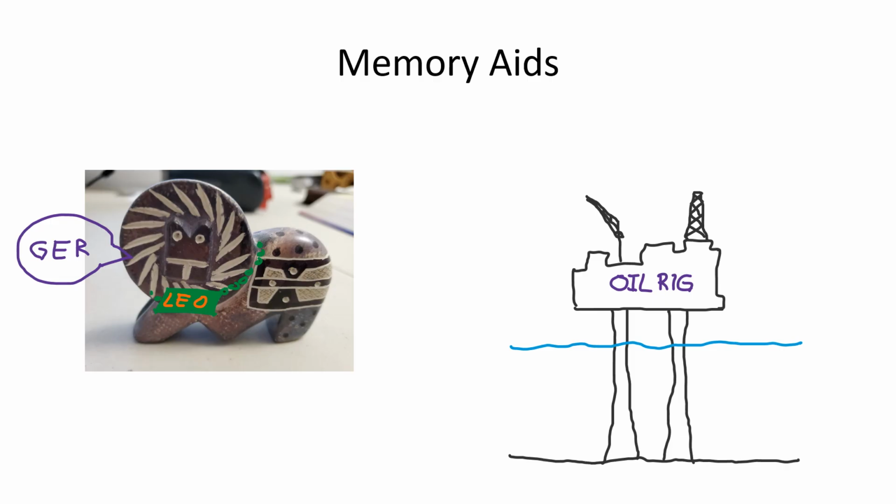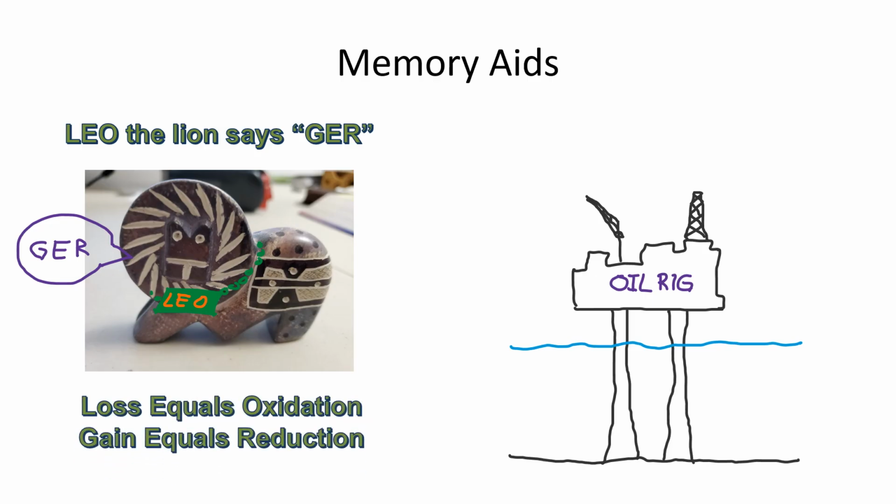And so a couple of sayings help you remember this. One is, Leo the lion says grr. I don't know if lions really say grr, but you can use that to help you remember that LEO is loss equals oxidation. Loss equals oxidation. So there's Leo, he's the lion, he says grr, and GER is gaining electrons equals reduction.